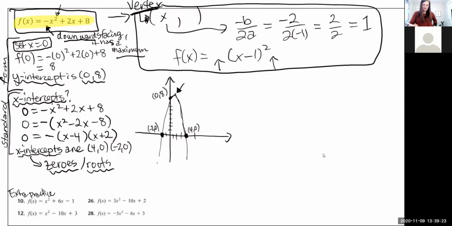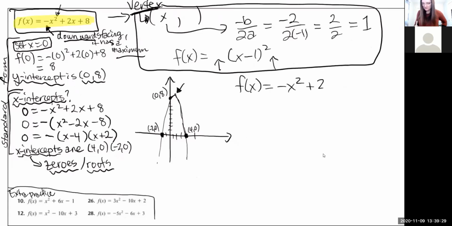Okay, so how can we take this? We'll start again here. f of x equals negative x squared plus 2x plus 8. How can we figure out the vertex form? We know some parts of the vertex form, but we haven't done the a part and the k part, right? So why don't we do that, the completing the square process?